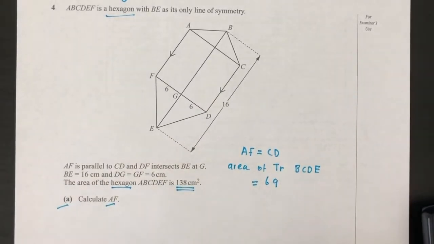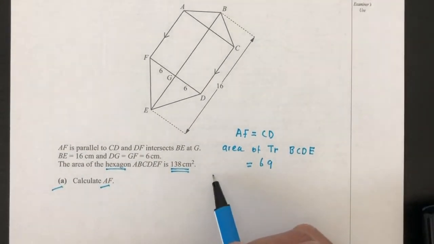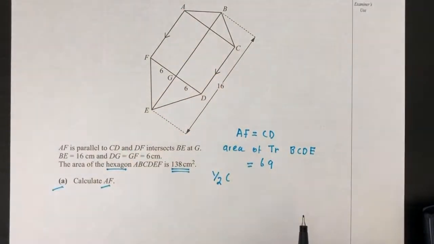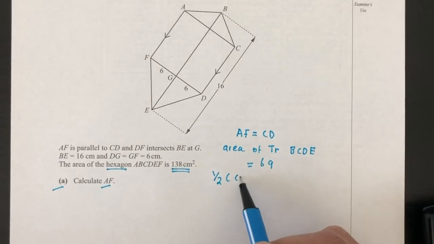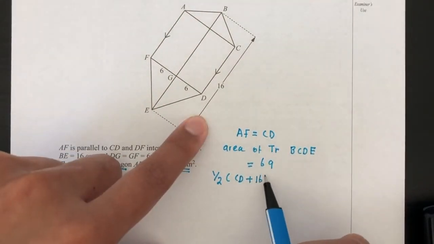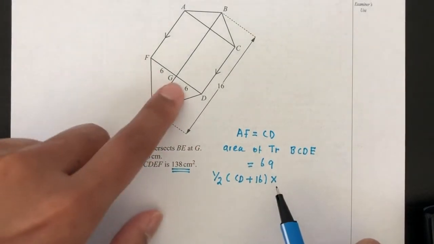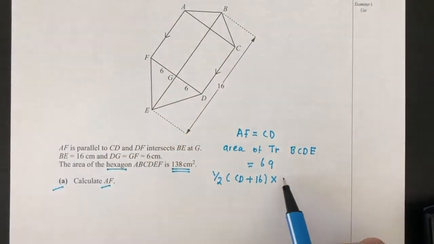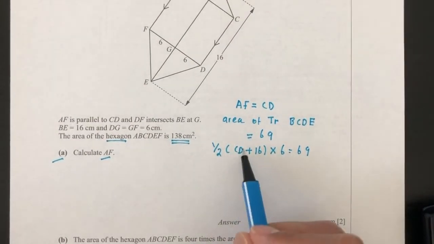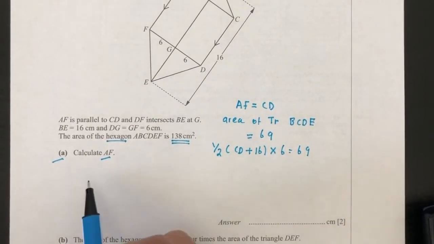So now how do you find area of trapezium? You always do half times sum of parallel sides. So one side will be CD plus 16, times the length in between, which is this one, 6, equal to 69. So we have to find the value of CD. So let's continue here.